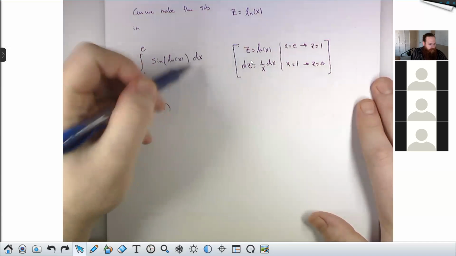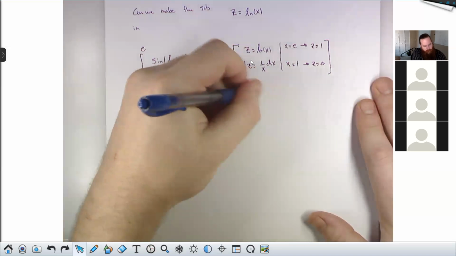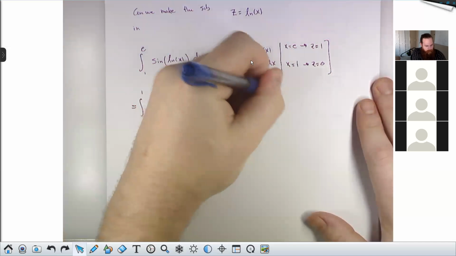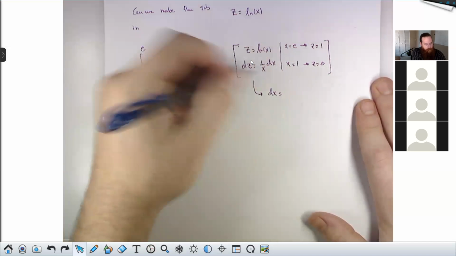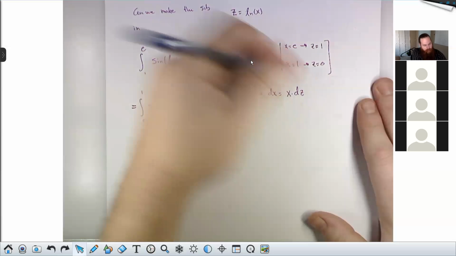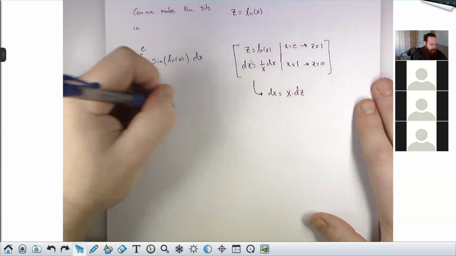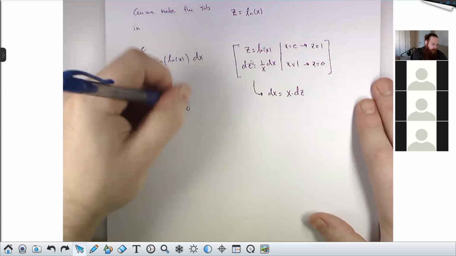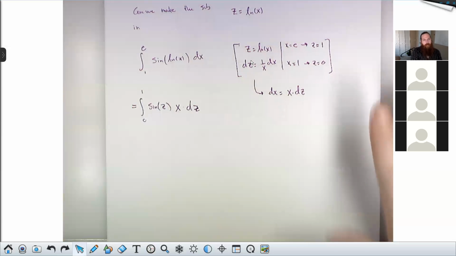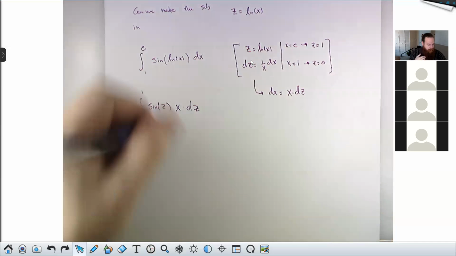But then dx, if you solve this for dx, multiply both sides by x, it's x times dz. So dx here is x times dz.